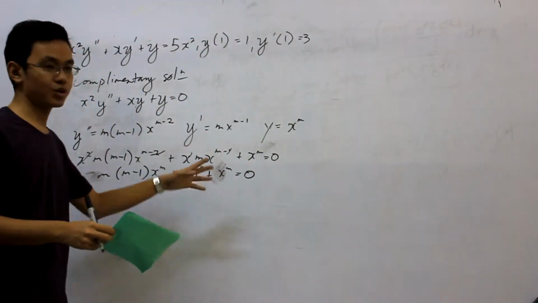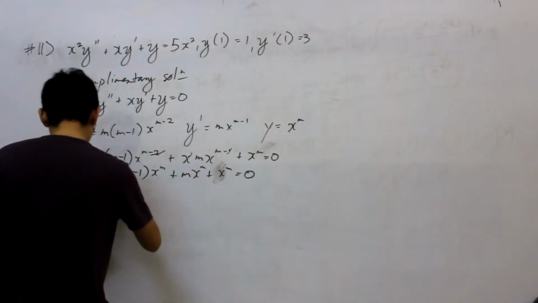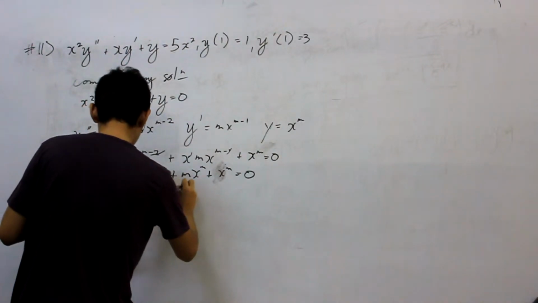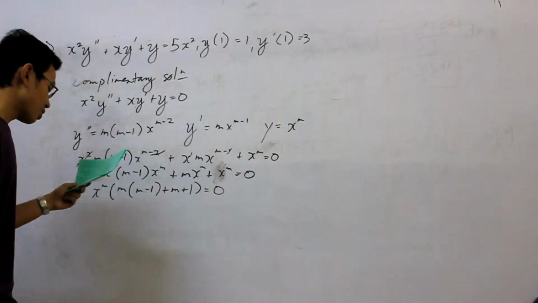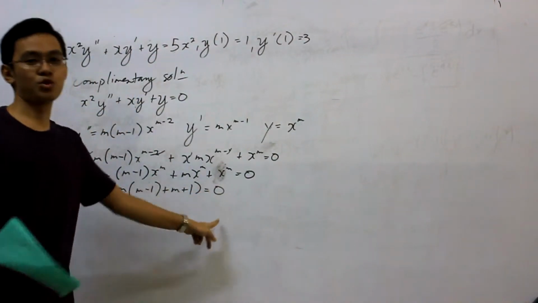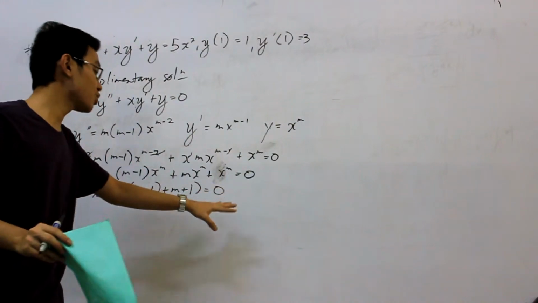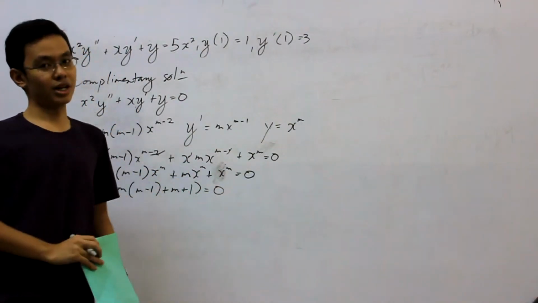Then we factor out x to the m. We know that x raised to the power m is not equal to 0, so we can be sure that the roots of this equation are in this polynomial.